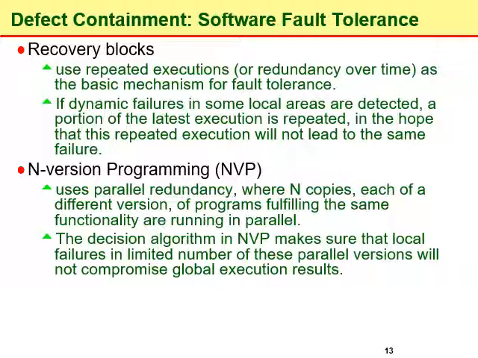Then, in the next step, from the specification, two or more versions of the program are independently developed, each by a group that does not interact with each other. The implementation of these functionally equivalent programs uses different algorithms and different programming languages.